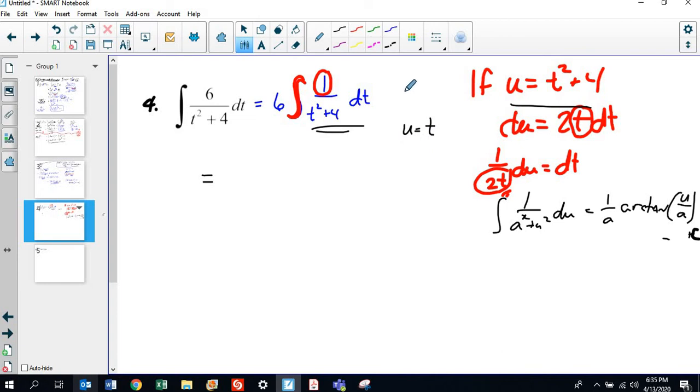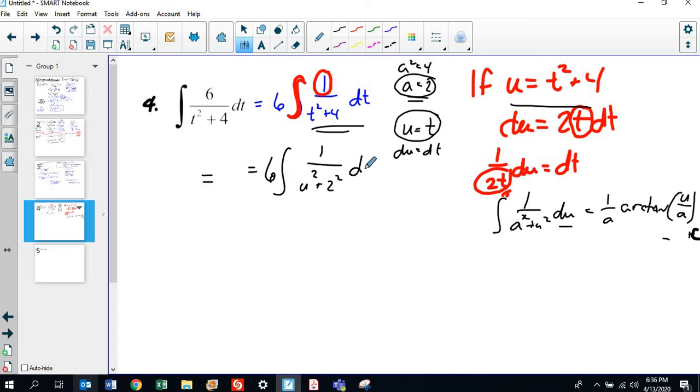And then what's playing the role of a? a is equal to 2, because a squared has to be 4. So a is equal to 2, u is equal to t, and since u is equal to t, du and dt are the same. So this guy becomes 6 times the integral of 1 over u squared plus 2 squared du.